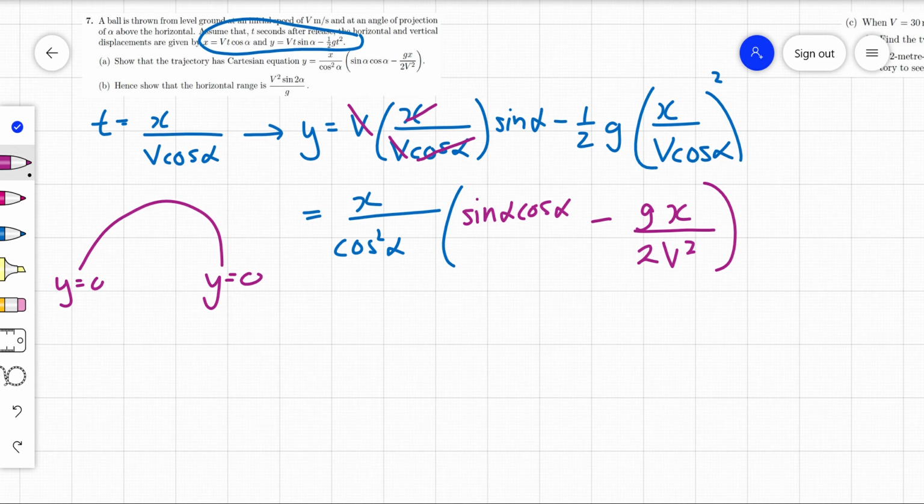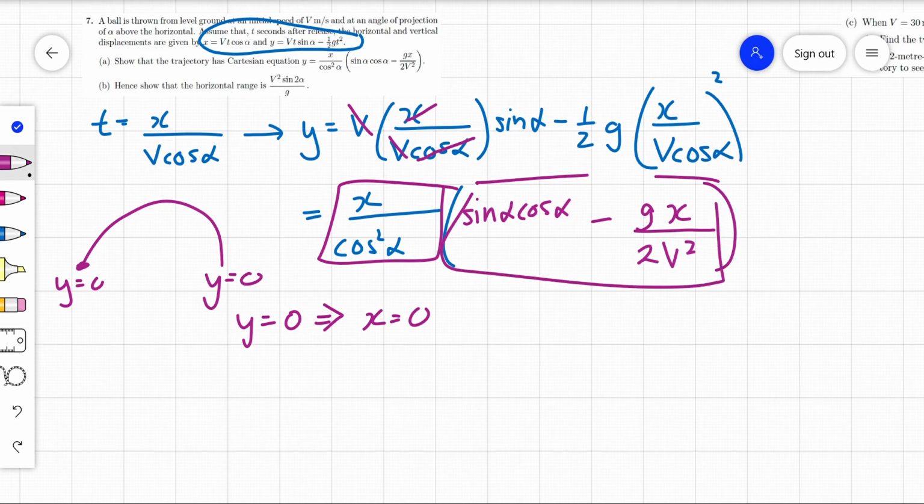Either this section is 0, in which case x equals 0, which is what we'd expect because that's at the beginning, or the other section is 0, so this has to equal this part in order for it to be 0.